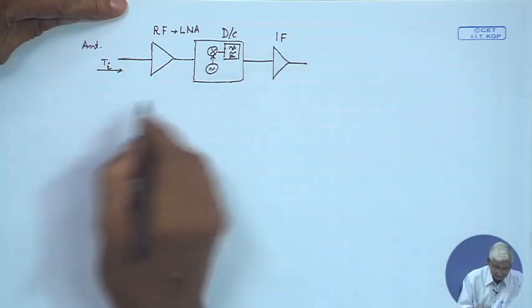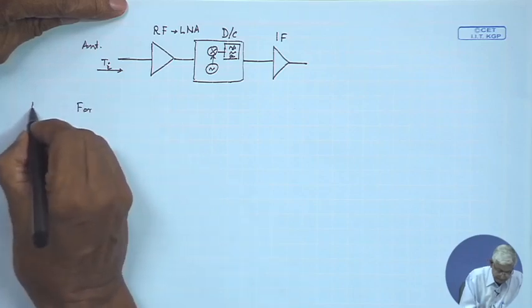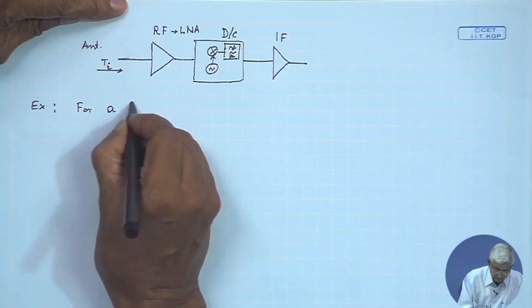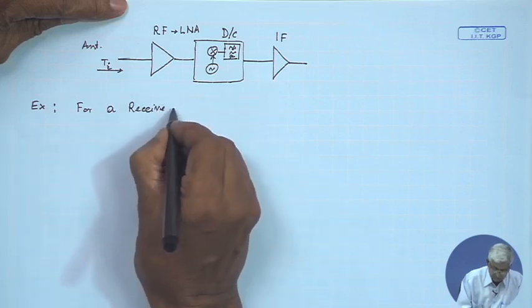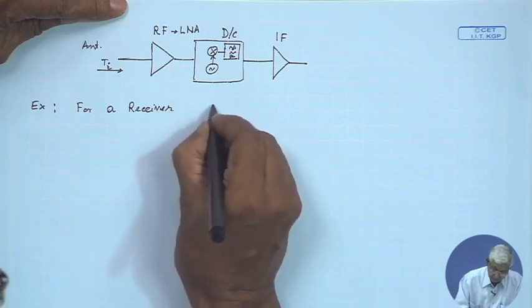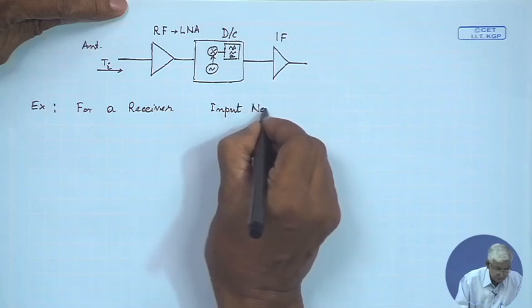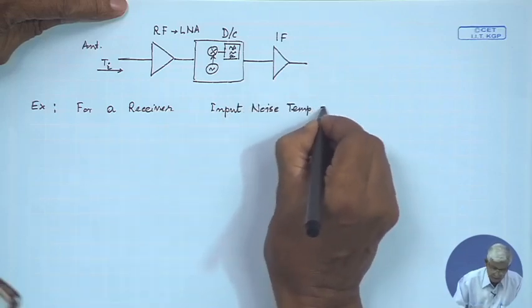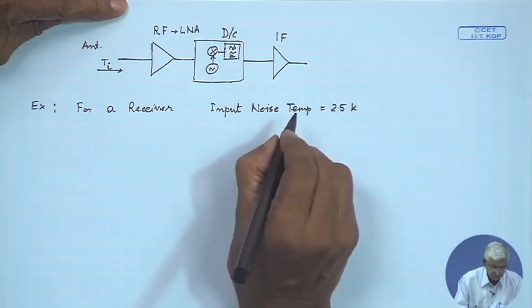So, let us say for this example, for a receiver the input noise temperature is 25 K. Remember, it is not T0.